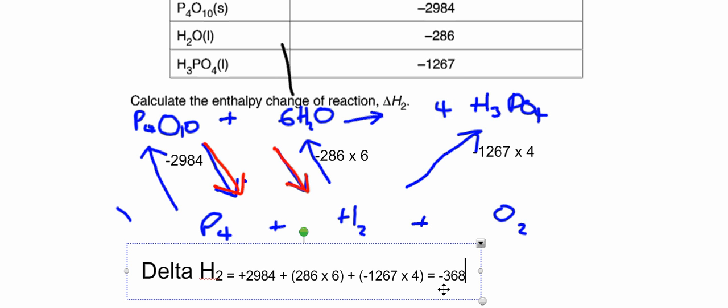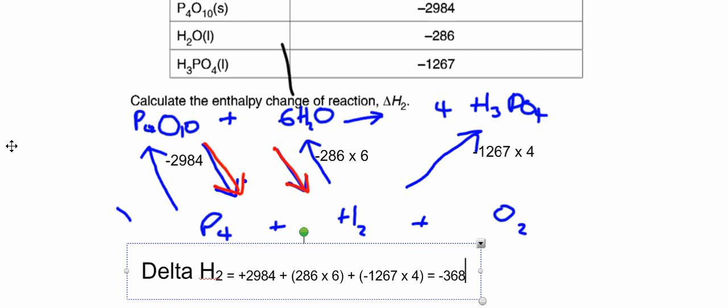So here, done the cycle, change the arrows, importantly, change the signs, times by the number of moles. Here, because I'm adding generally all the time, I've changed this sign from minus, I've changed that sign from minus, that one stays the same. And I get my answer of minus 368, and it's given me the units, kilojoules per mole, to the minus 1.